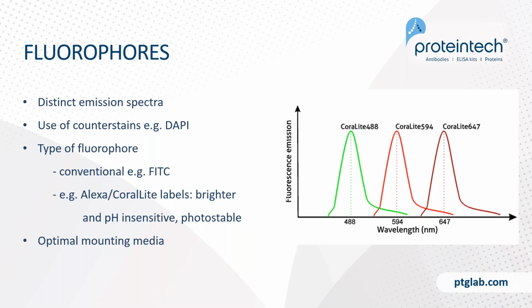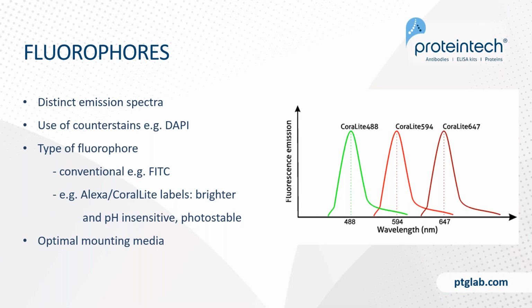When designing your staining strategy, it is really important to consider your fluorophores. We have to ensure that we're using fluorophores with distinct emission spectra if we're using multiplex stains. Additionally, the use of counterstains such as DAPI is excellent as it helps us to localize our signal. DAPI is a nuclear marker and can help us see whether the staining is, for example, cytoplasmic or within the nucleus.